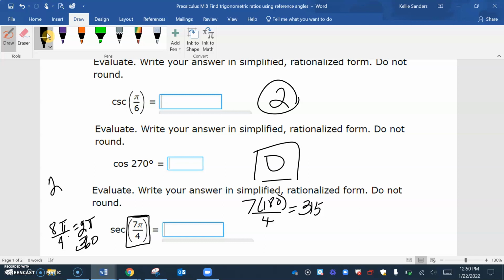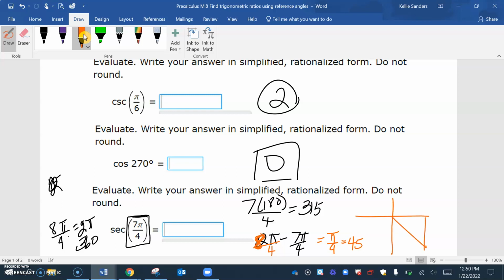So I could take the 2 pi and subtract 7 pi over 4, and 2 pi is the same thing as 8 pi over 4, and that gives me pi over 4, and pi over 4 is the same thing as 45 in the negative region.